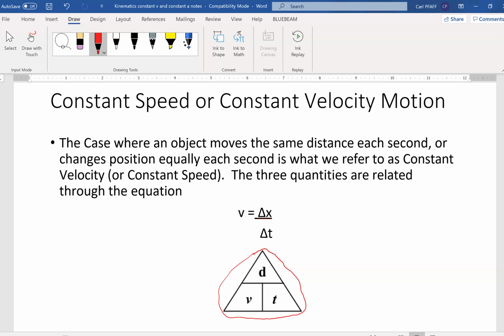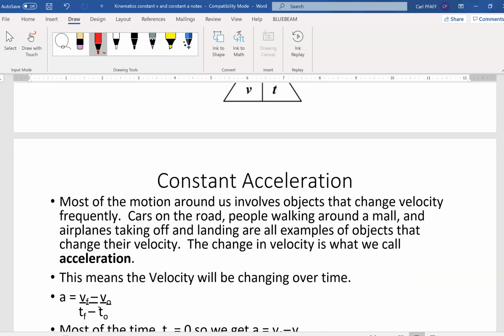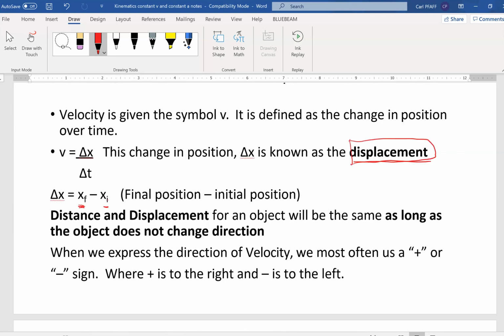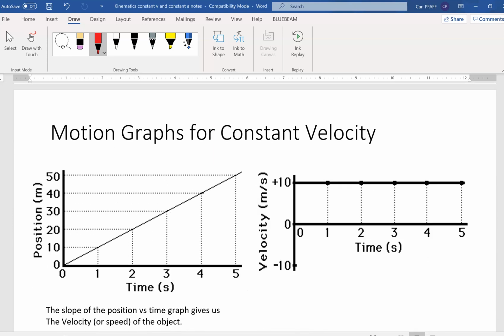Velocity over distance, or distance over velocity equals time. We should be familiar with that, but we'll get plenty of practice with that as we go through. So that's a review of what we've talked about so far. We should understand that the slope of the position-time graph gives us the velocity graph.